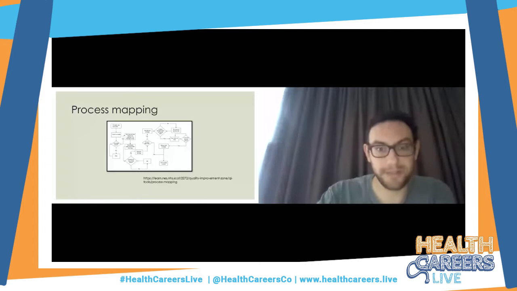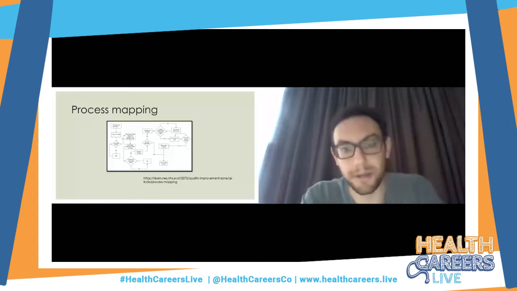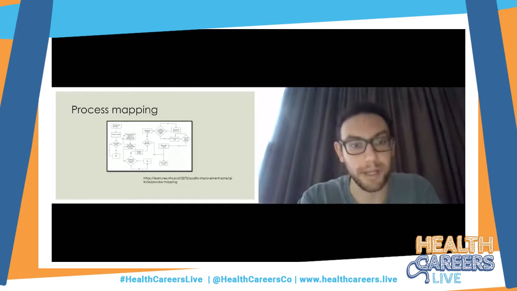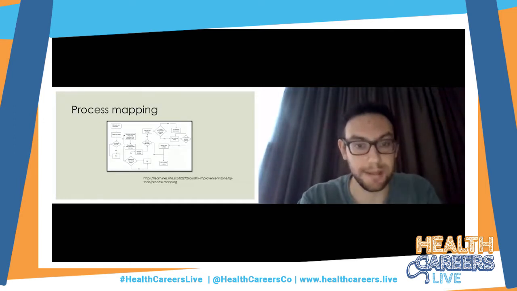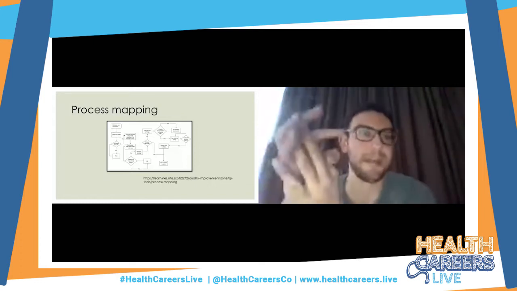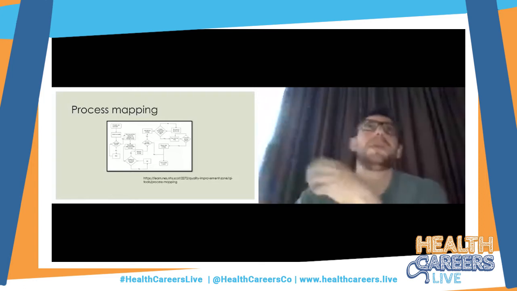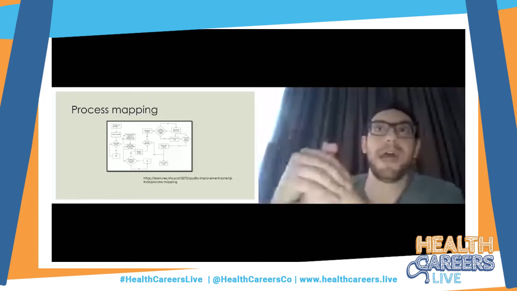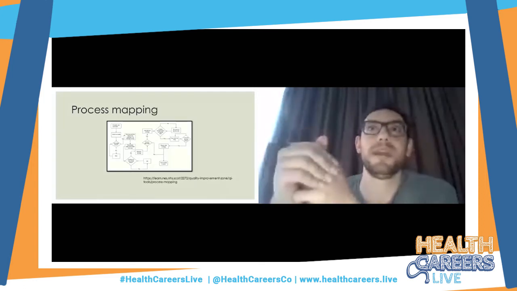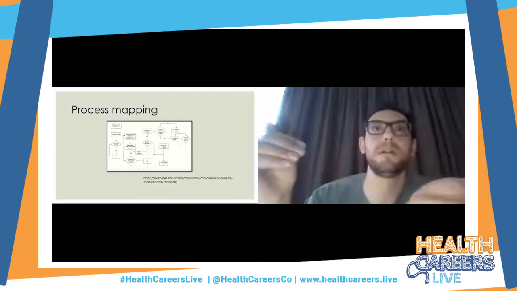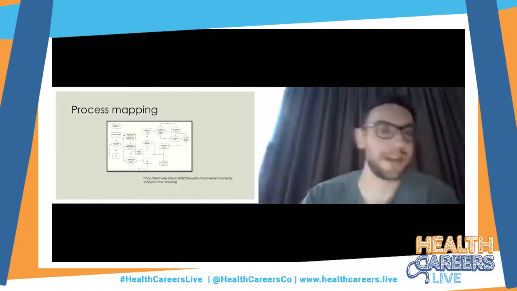So this is just an example of process mapping, and it's not specifically about QI projects, but it's still useful to look at the example and what it's about. So process mapping is looking at a process and understanding the processes that are involved with it, essentially.